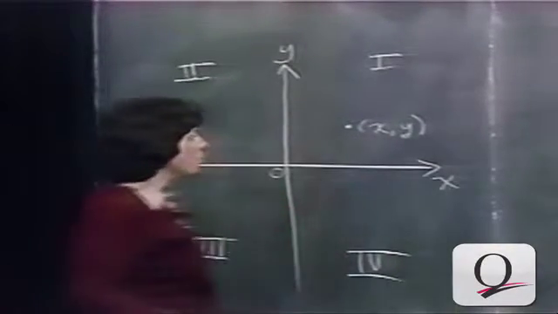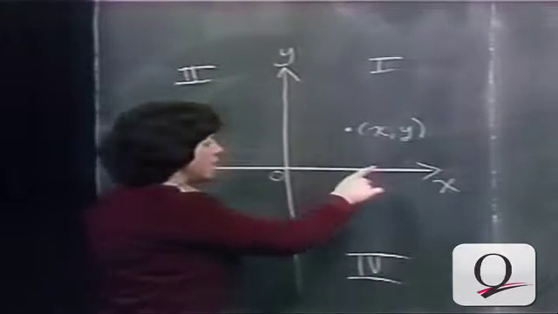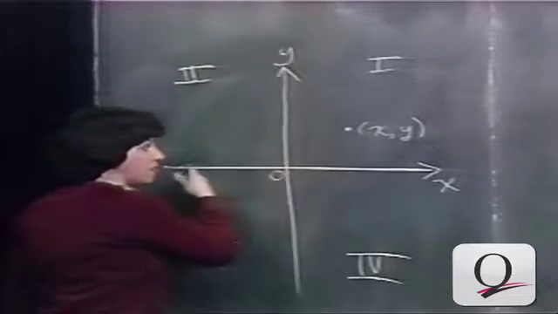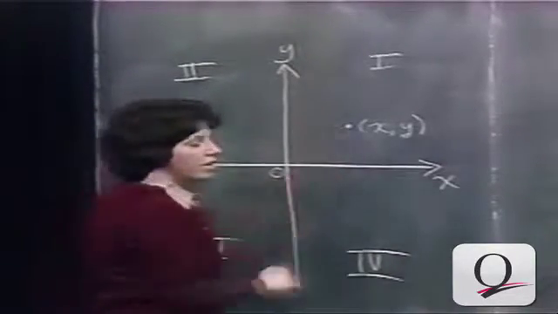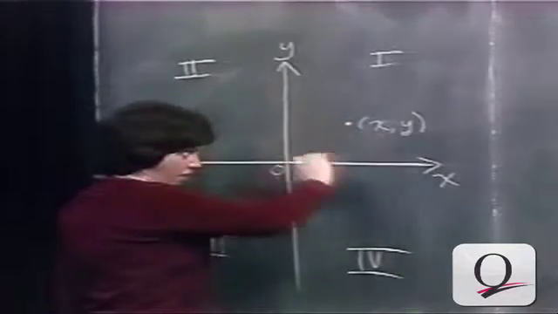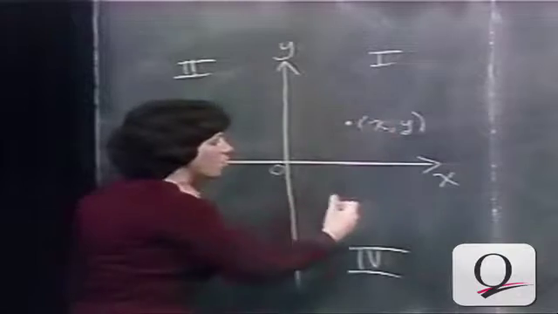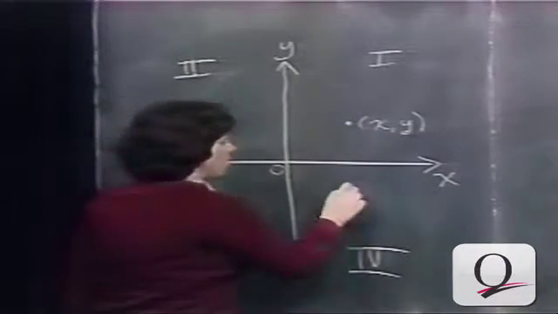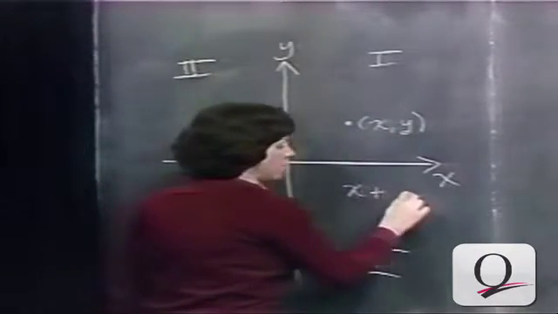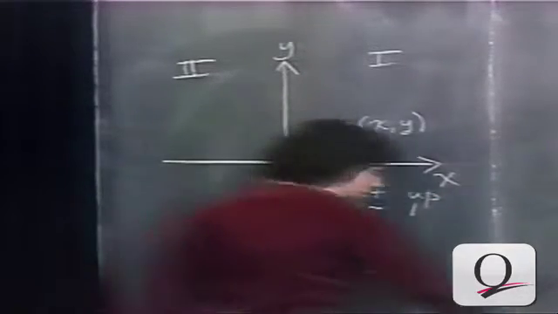If the x coordinate is positive, he moves to the right. If the x coordinate is negative, he moves to the left a certain number of units, whatever it happens to be. After he takes care of the x, if the y coordinate is positive, he then moves upward. If the y coordinate is negative, he moves down. If x is positive, he moves to the right.